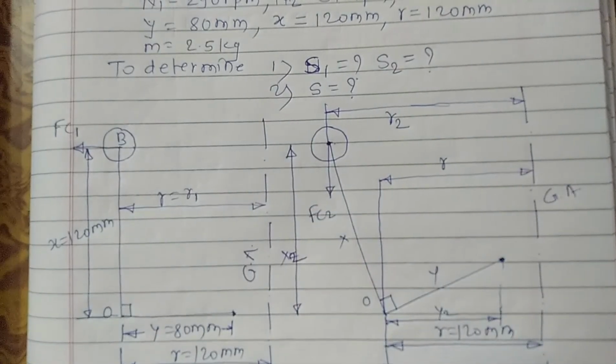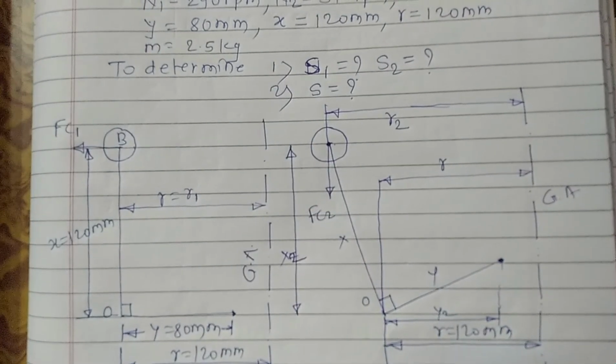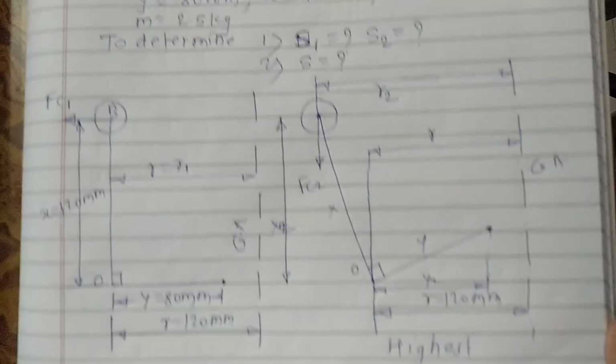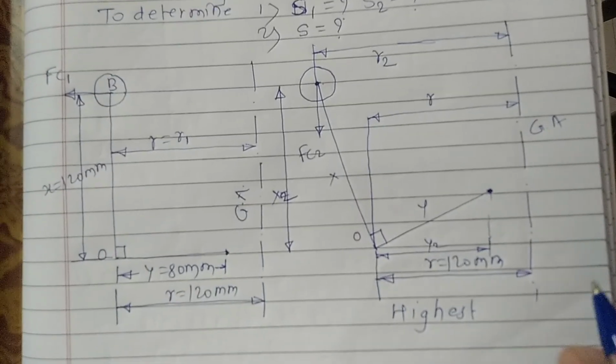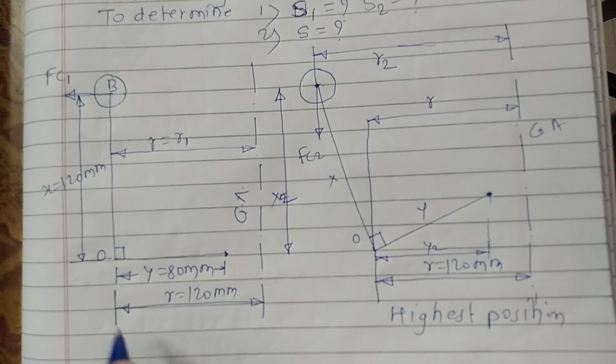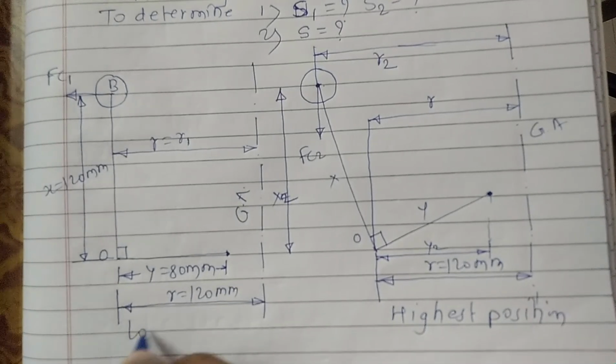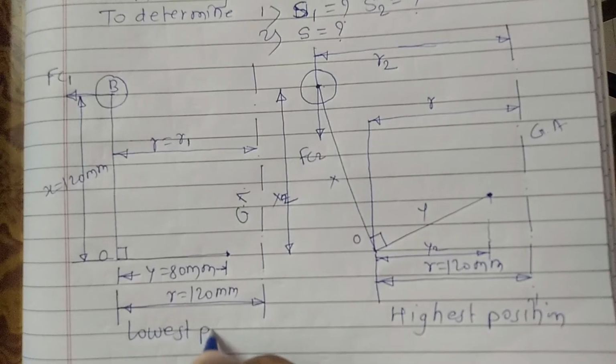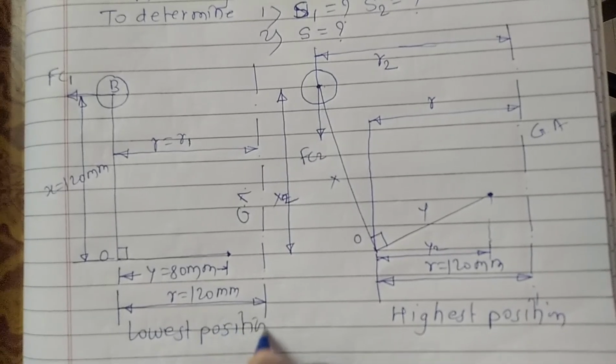This indicates the diagram for the highest position, and this indicates the diagram drawn for the lowest position.